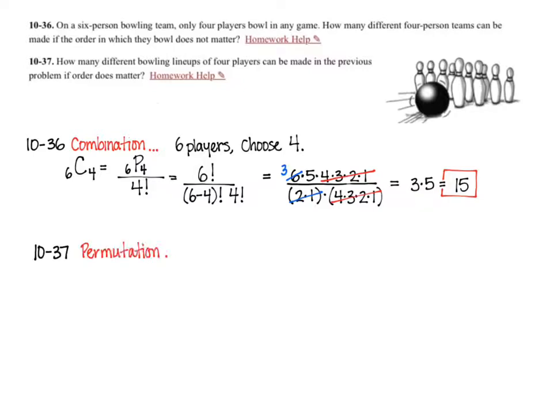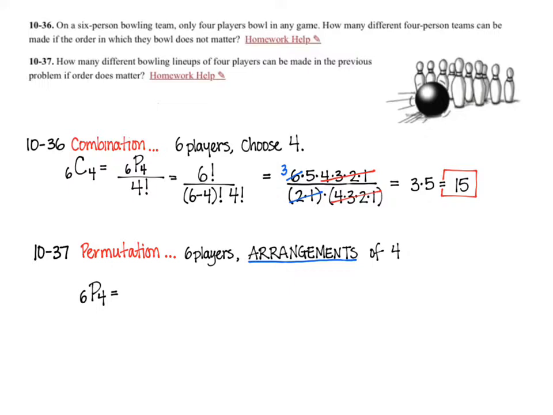In the second part, it's the actual lineup. Now, in this case, it's an arrangement. It matters who's going to play in the game first. So even though you've picked your 4 players, the order in which they play will matter. So this time we're going to have 6 players, and we're going to arrange or permute 4 of them.